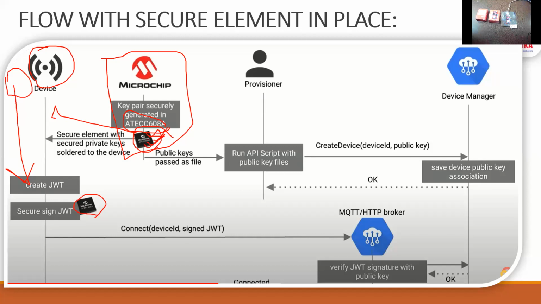But that's again a typicality, in the sense that the physical security layer gets broken in that case, and the communication doesn't happen. We have those methods also for the pairing. So that's why this JWT is not signed by this secure element for a spoofed device, and it cannot connect to the cloud.